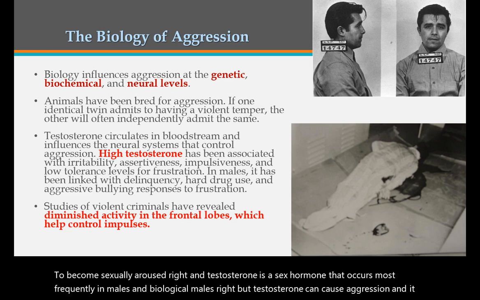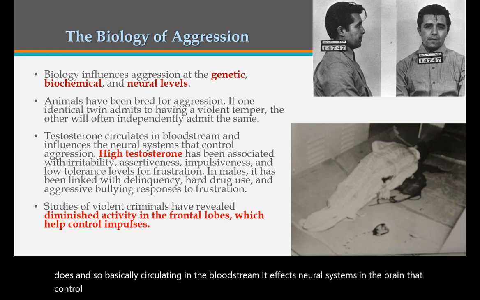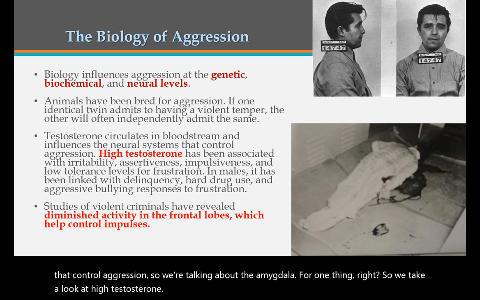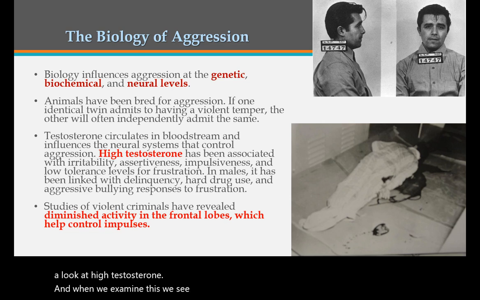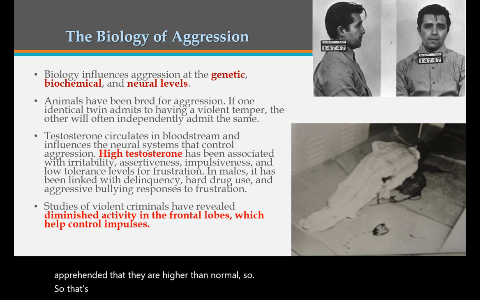Circulating in the bloodstream, it affects neural systems in the brain that control aggression. So we're talking about the amygdala for one thing, right? When we examine high testosterone, we see testosterone levels in some criminals that have been apprehended are higher than normal. So that's one of the things.